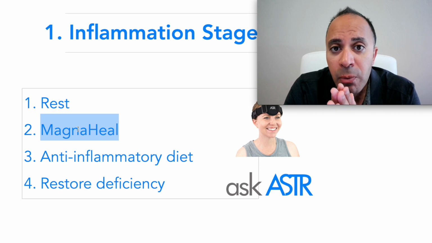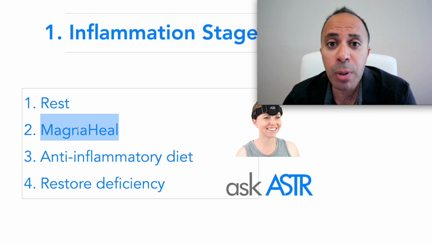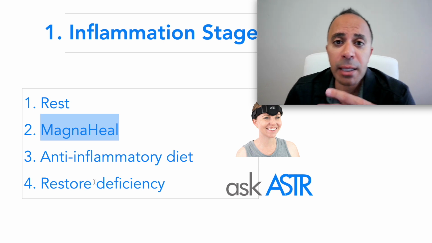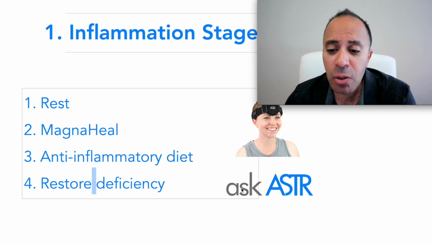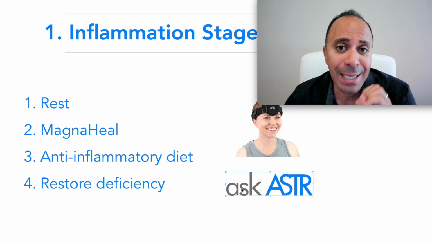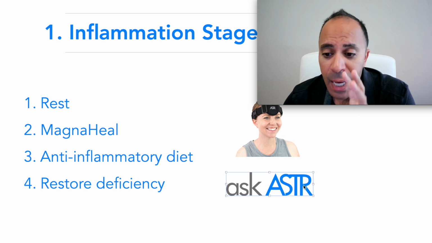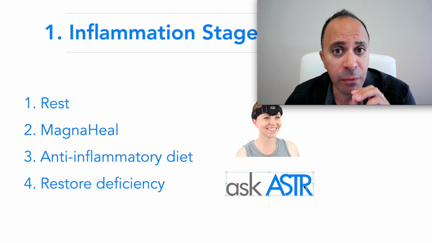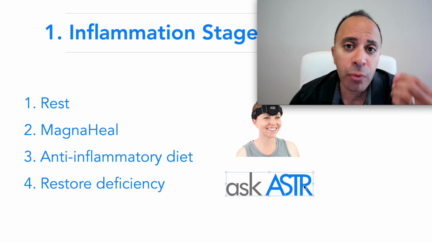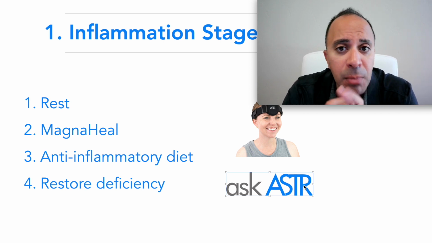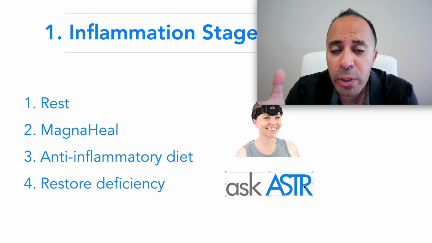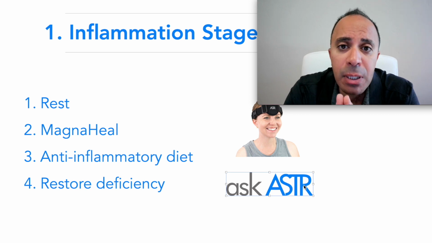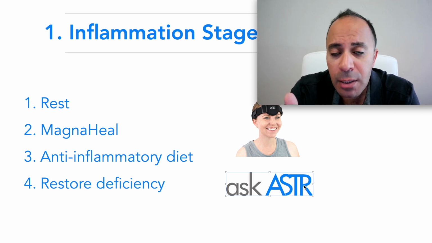So one of the ways to figure out what could be a possible deficiency you might have is to take advantage of Ask ASTR. It's askastr.com. It's a free online medical evaluation that will help you to figure out, do you have vitamin or mineral deficiency or other hormonal imbalance, and what steps you need to take to really address those issues.